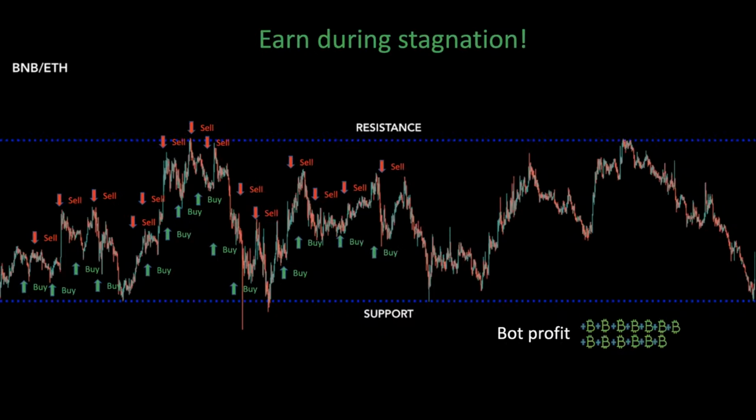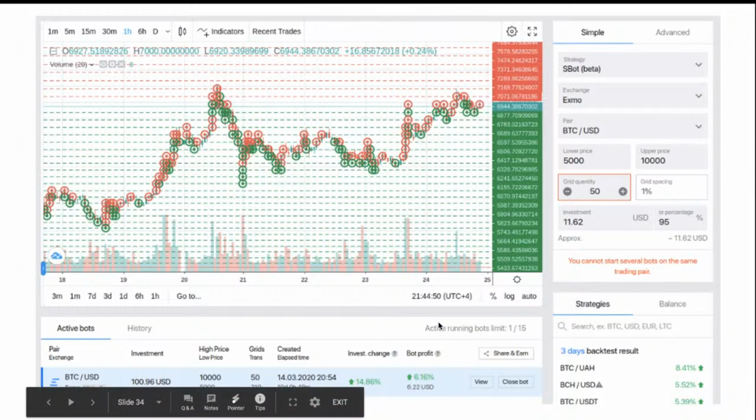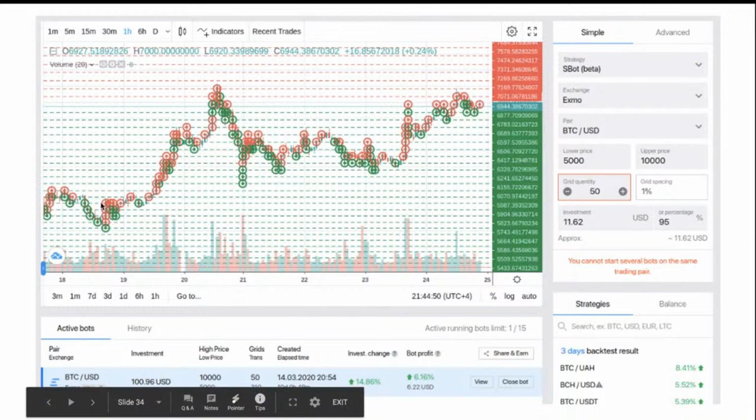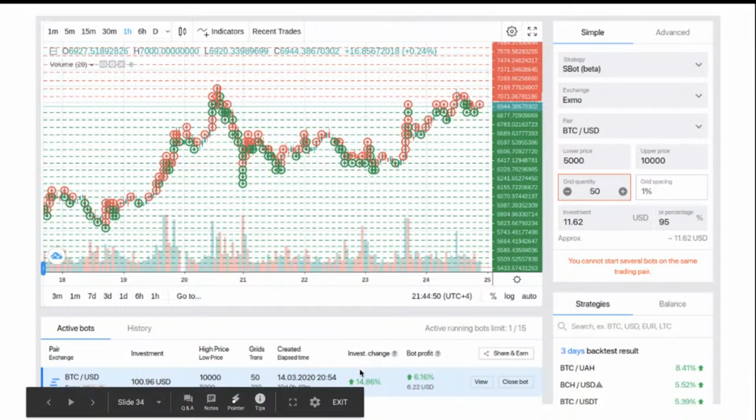That's the idea. All right, so here are some examples. It's Bitcoin to USDT, and here you can see that the investment change is 14% and the bot profit here is 6%. So that means the bot itself made 6%, but taking into account that the price of BTC was appreciating during this period of time when the bot was trading for you and making profits in USD, the total investment change would be 14%.